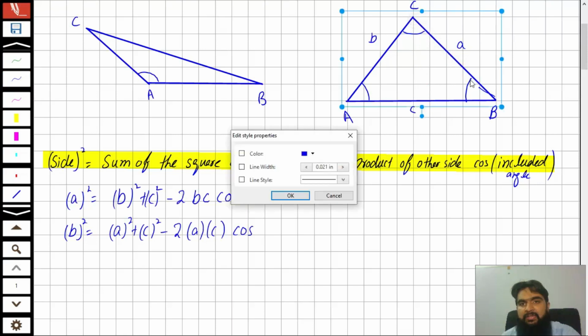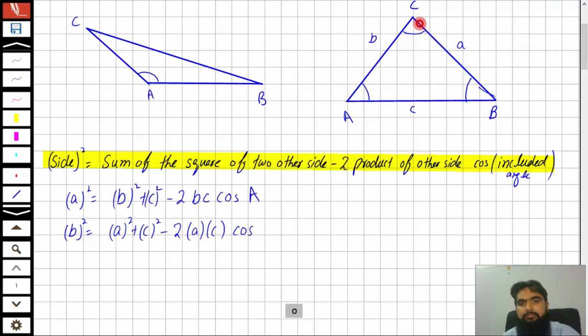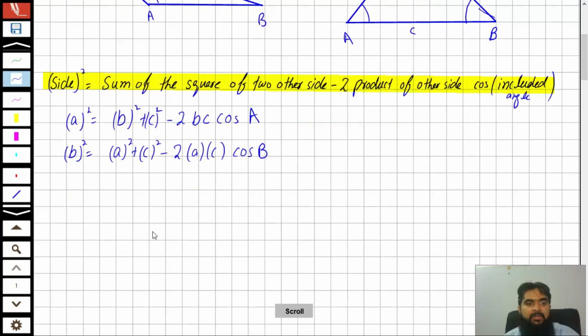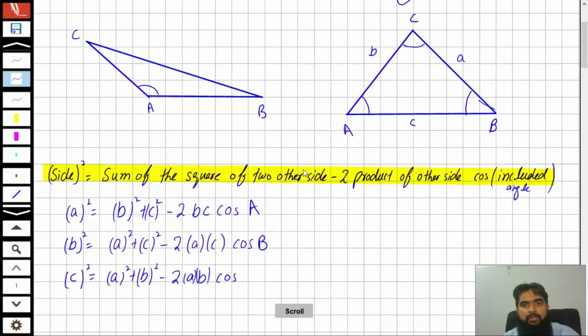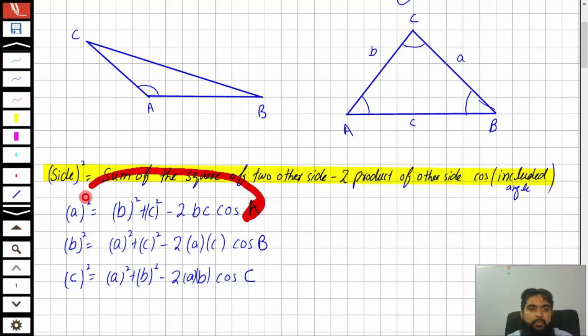The included angle between A and C is angle B. If you are taking the side C, then C square will be equal to A square plus B square minus 2 A B into cos of their included angle, the angle between A and B, that is C. And this angle is basically the opposite angle of this side.